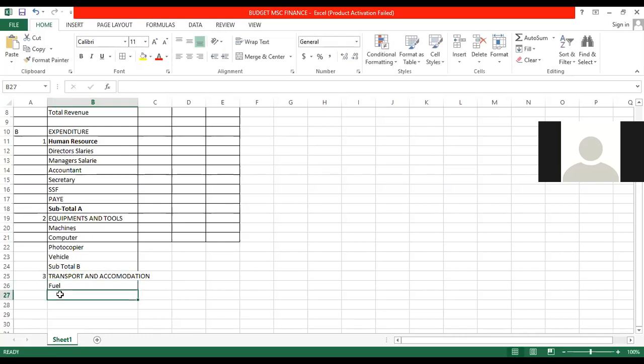You need to plan for per diem. You need to plan for etc. You will need to plan for that. So you will have a subtotal. We go to another one.